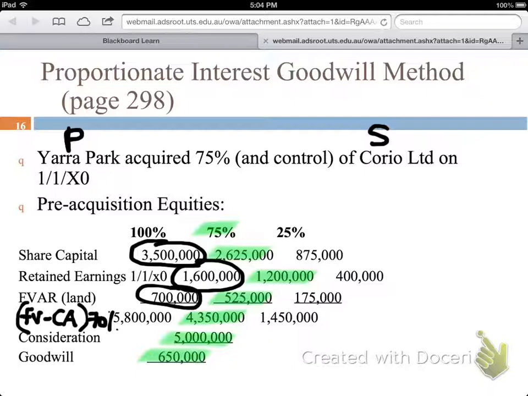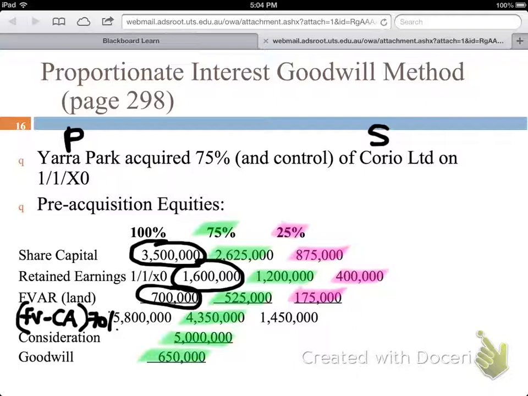Note, what's new for this week is we need to calculate the amount for the non-controlling interest. The calculation is not very hard. It's 25% multiplied by the equity of the subsidiary. So 25% of 3.5 million is 875,000, 25% of 1.6 million is 400,000, and 25% of 700,000 is 175,000.